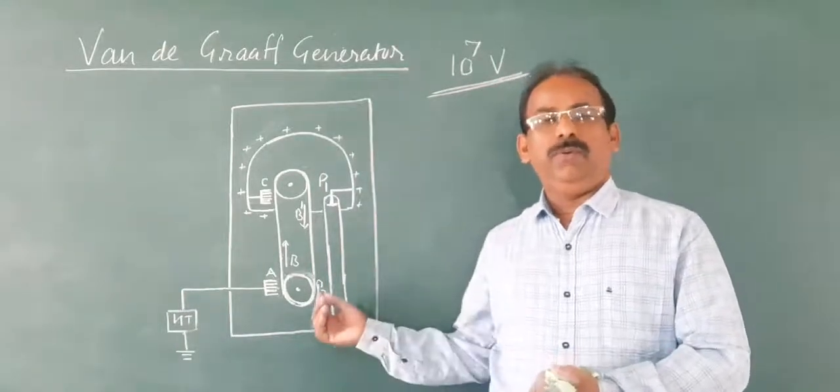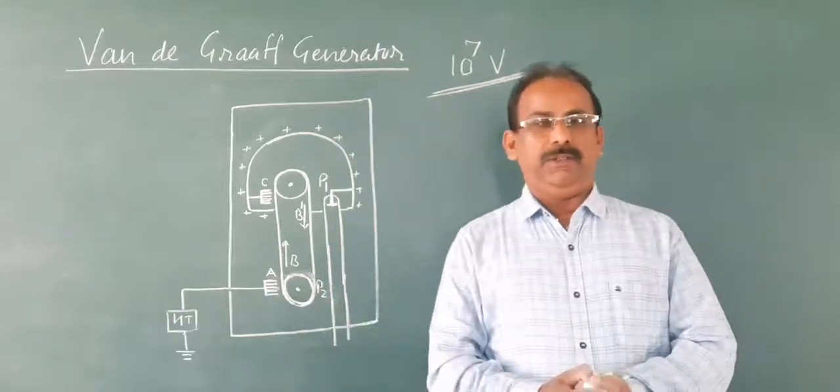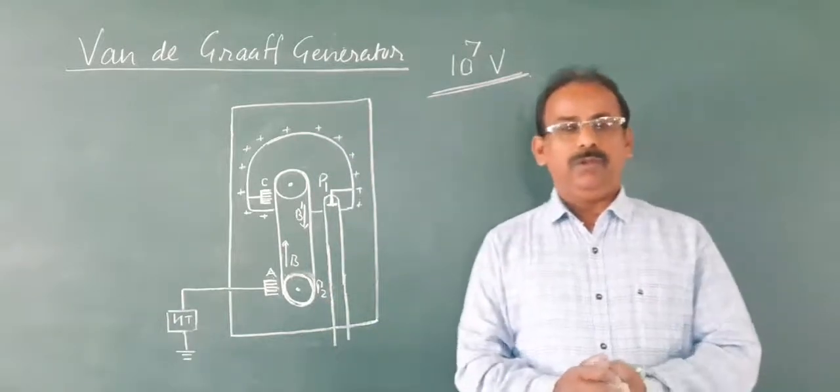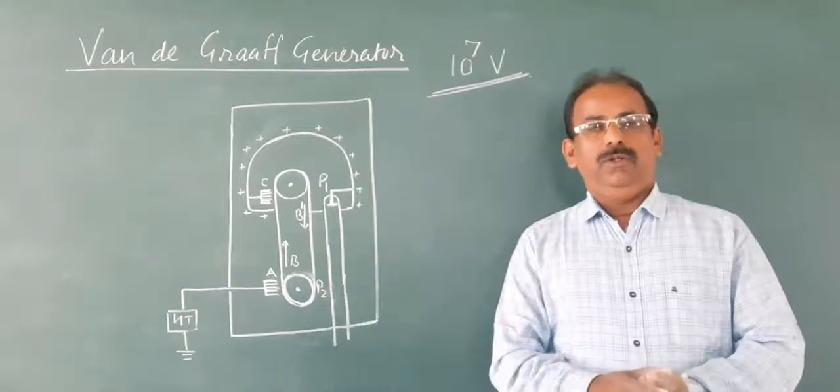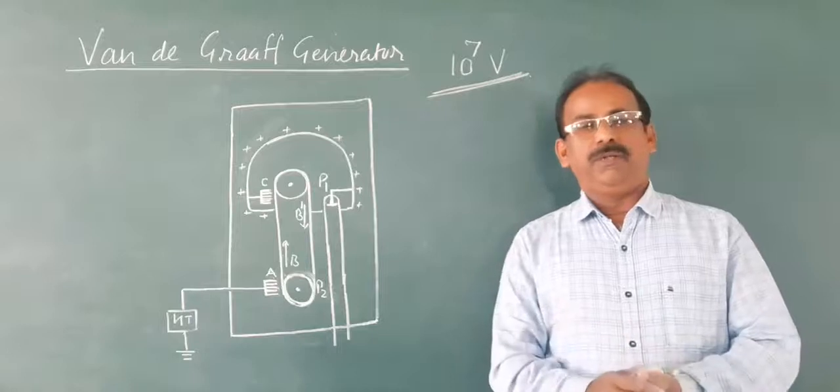This is the working of the Van de Graaff generator. Here, all the theory part of this chapter is completed.